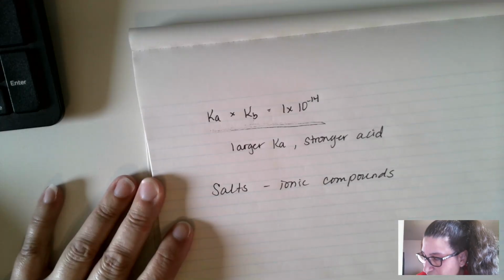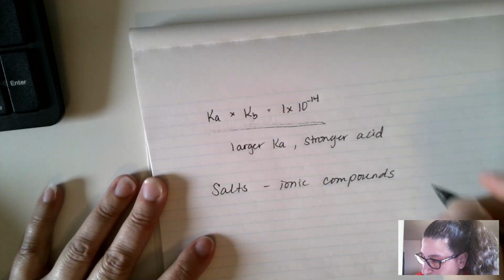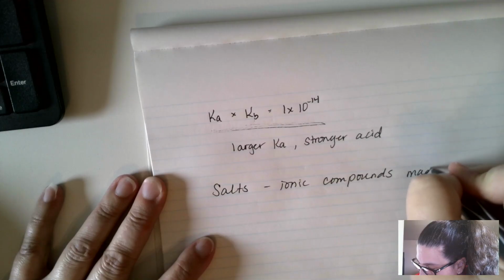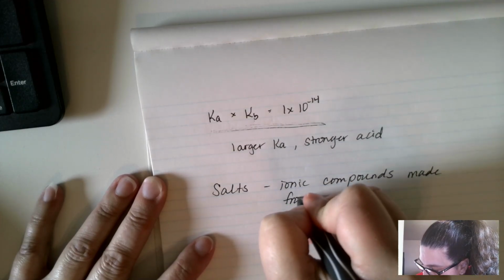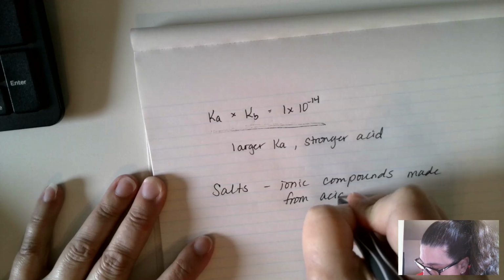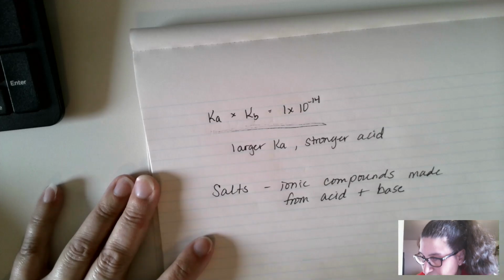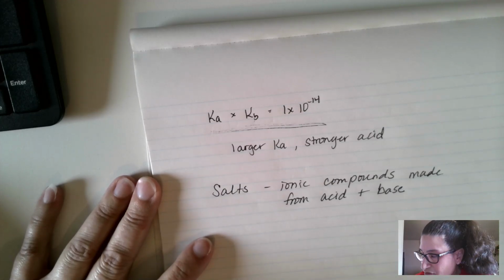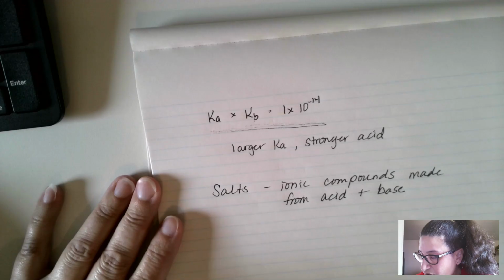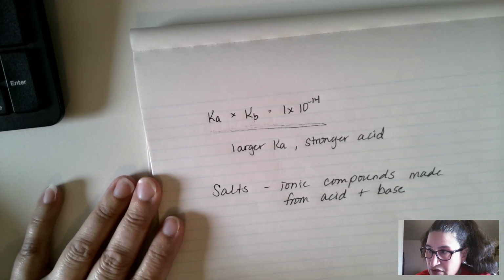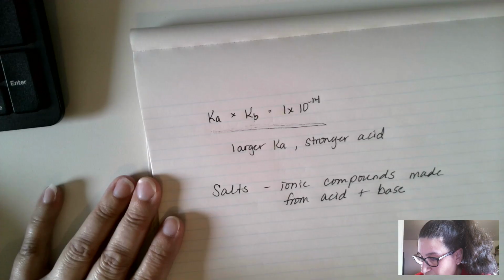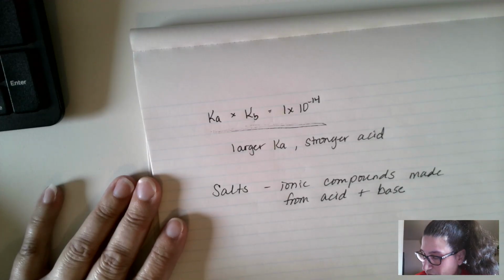Salts are ionic compounds, and they are made from an acid reacting with a base. Now, if we knew the Ka and the Kb, we could determine whether the salt is acidic, basic, or neutral. But we can also just look at the formula.